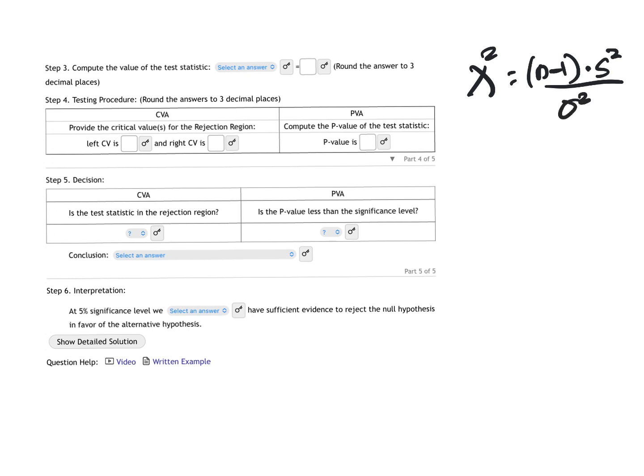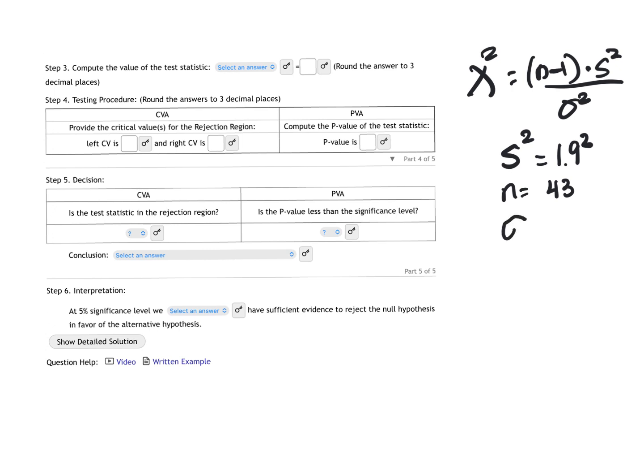So if I go back to my problem here real quick and read through that, I know that my sample standard deviation, according to the problem, was 1.9. So if I square that, it's going to be 1.9 squared. And I know that my sample size was 43, so n minus 1 is 42.